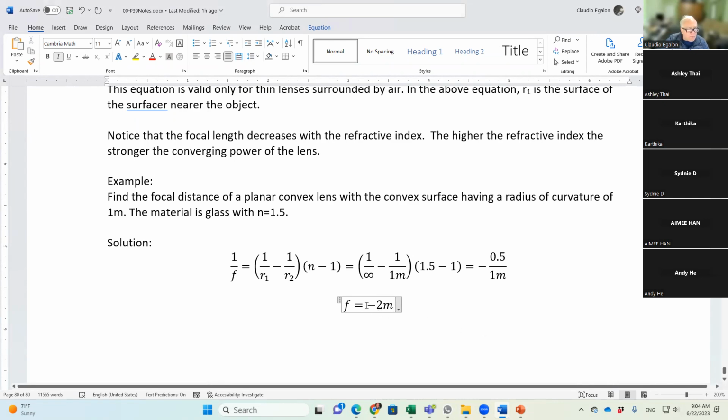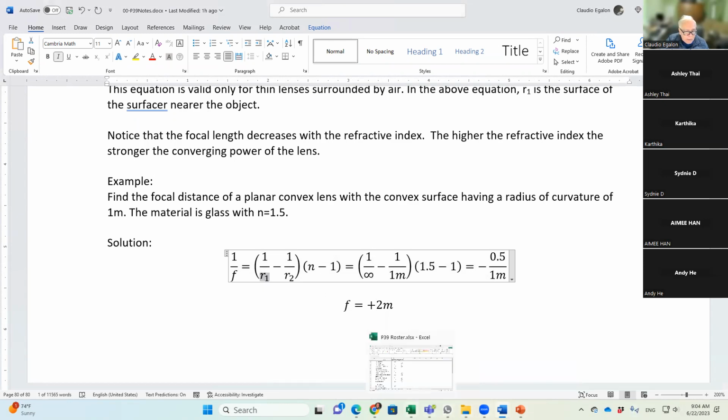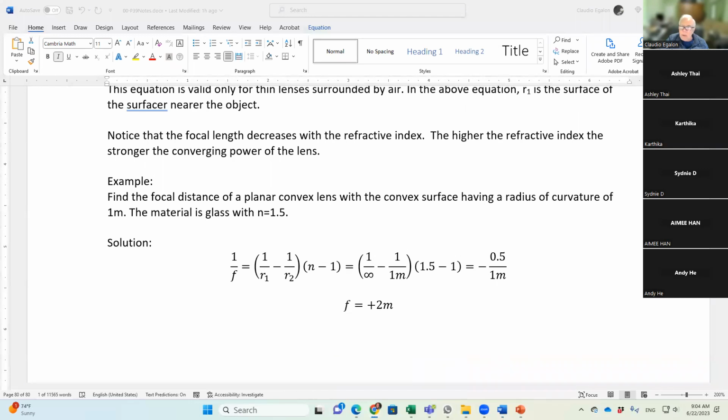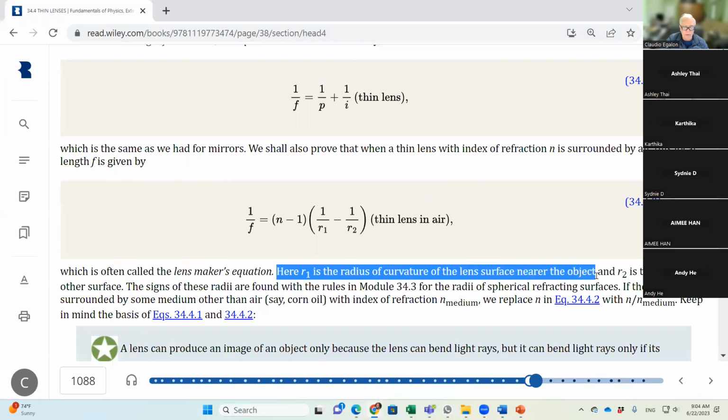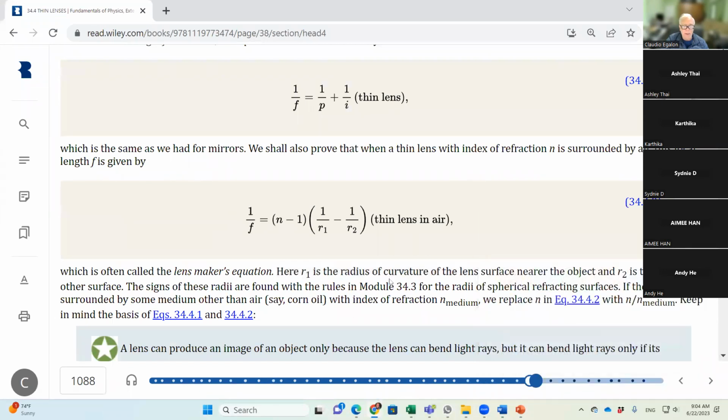Well, it is only supposed to be positive, okay? Because what the book says is that this R1 here is the surface closer to the object. There might be a mistake there in the book. See here, R1 is the radius of curvature of the lens surface near the object. That's not a good definition here, because we're not getting the right results.